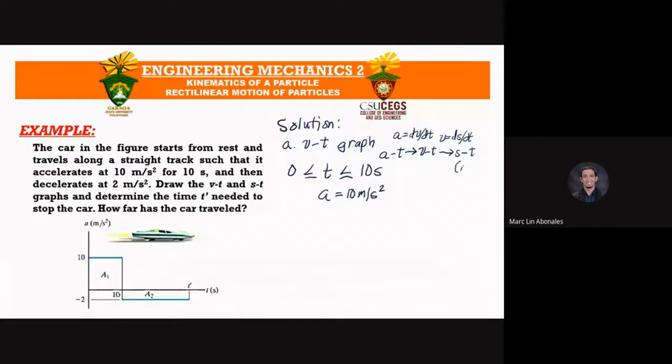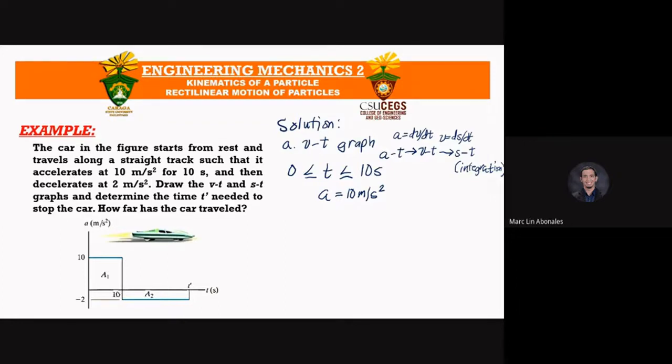So when we substitute into the kinematic equations to construct the VT and ST graphs, or the functions for the velocity and position, we will use integration. So for the first interval, 0 to 10 seconds, the acceleration described within that interval is a equal to 10 meters per second squared, because if you see the AT graph itself, it is a horizontal line.